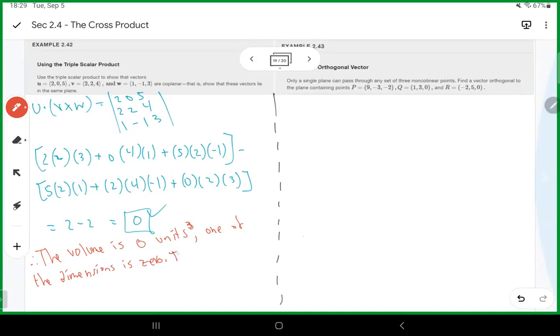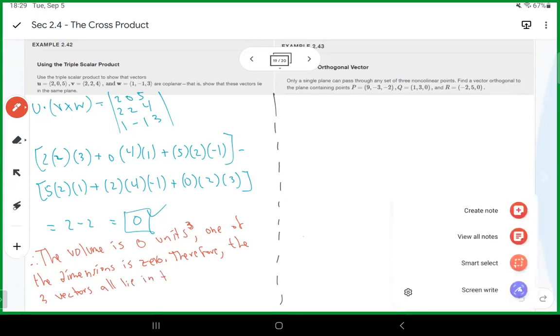Therefore, the 3 vectors all lie in the same plane.